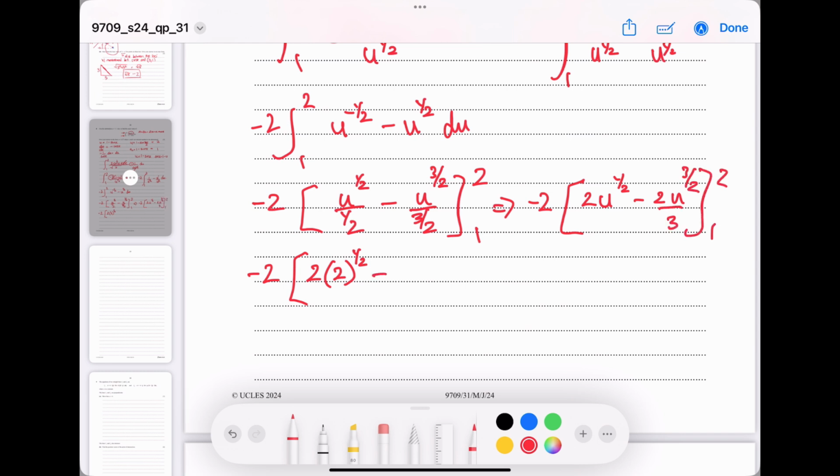Okay, so now substituting the limits. Minus, so that's 2 cubed, apologies, 2 root 2 cubed over 3, minus 2 times 1 to the half minus 1.